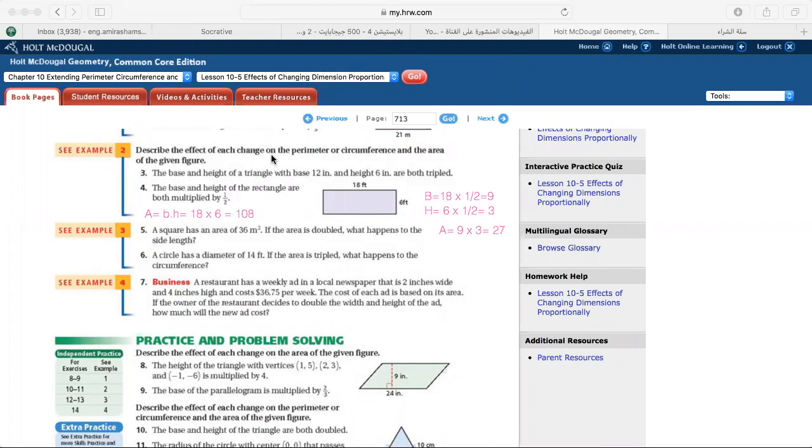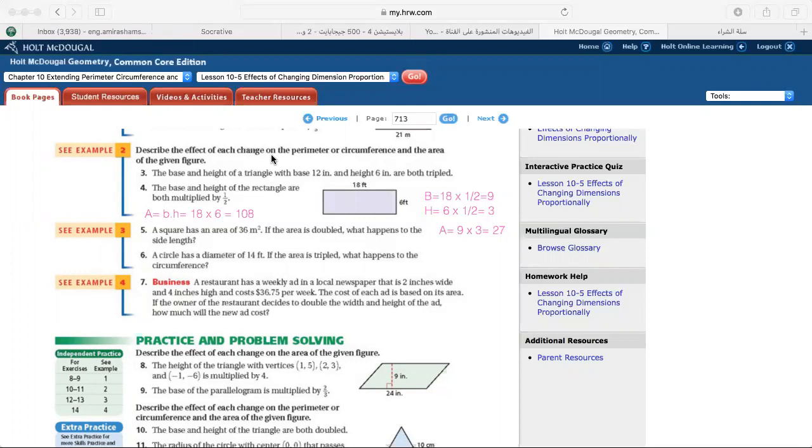Here the area before is 108, so we are expecting, of course, that the new area will be half of it, because when we multiplied by half, we expect the new area will also be multiplied by half, because half of 108 is 54. But here we didn't get 54, we got 27. So it is not also multiplied by half.